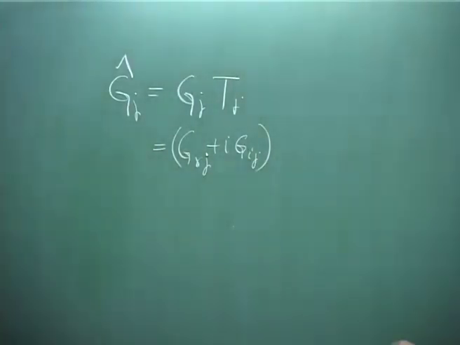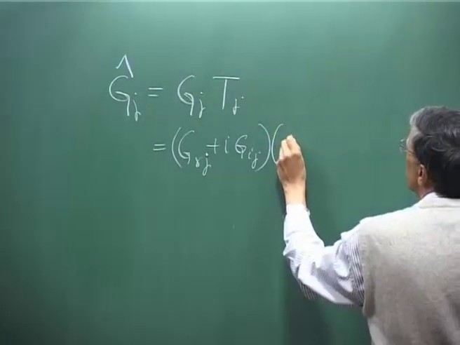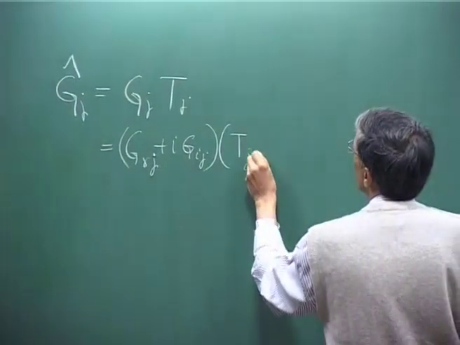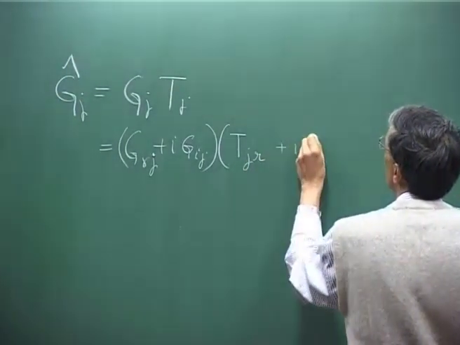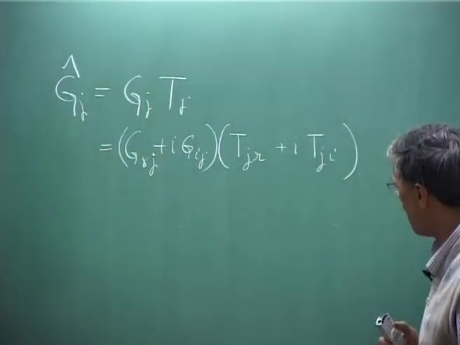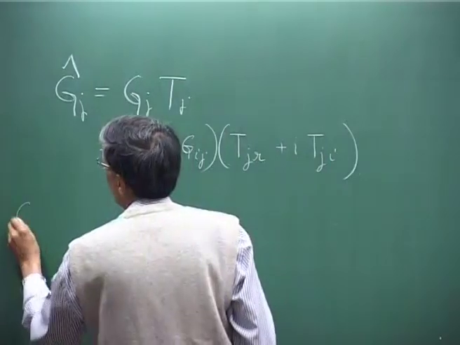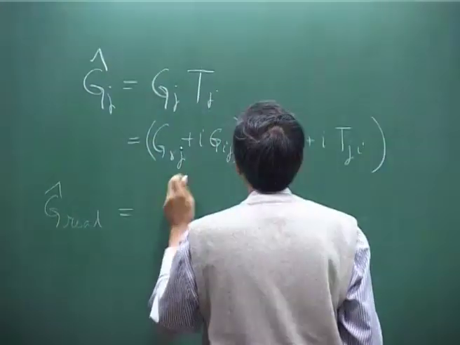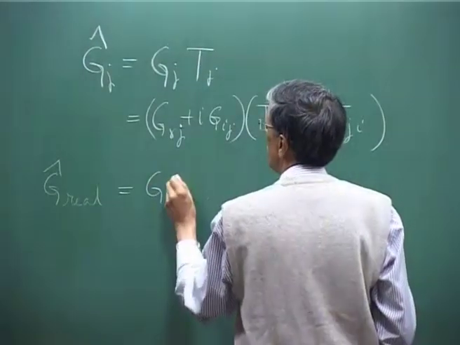This I should multiply with Tj. Now, Tj also has a real part, and it will also have an imaginary part. Now, what happens to your g hat real would of course come from here.